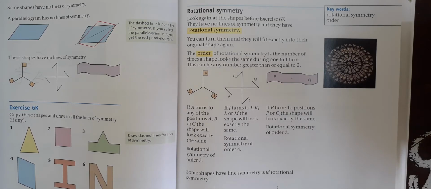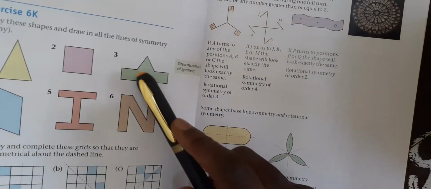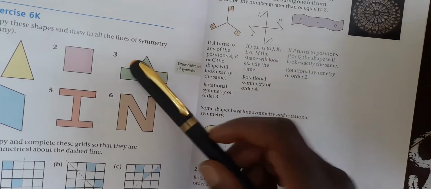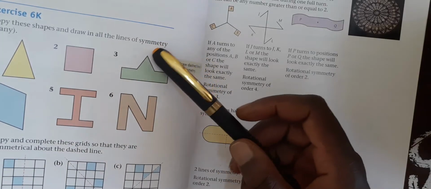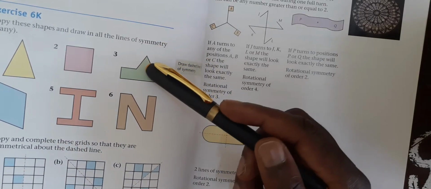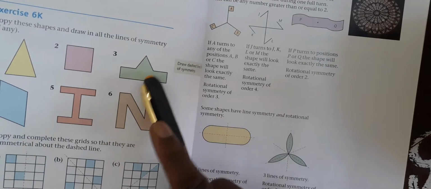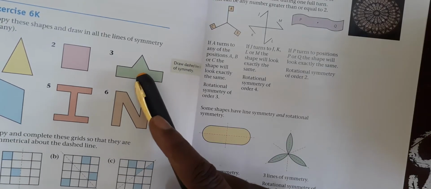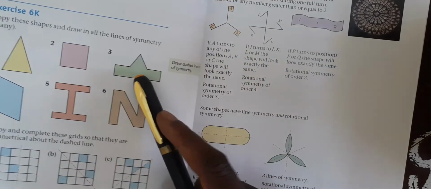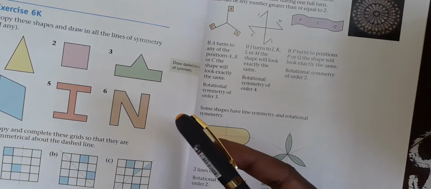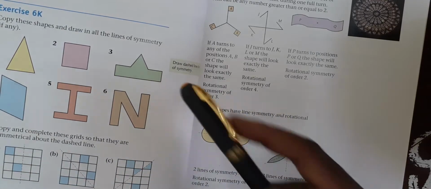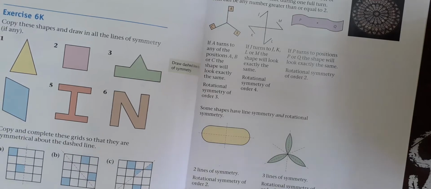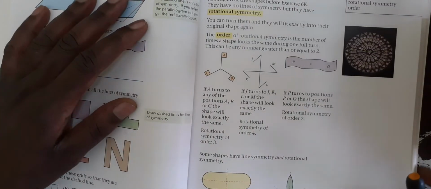If you're looking at this one, it cannot be rotated to give us an image that is going to look like this one. So in other words, it's as good as saying it has only one order of rotational symmetry, which is the original. So it's as good as it does not have. I think that is the point that is being mentioned here.